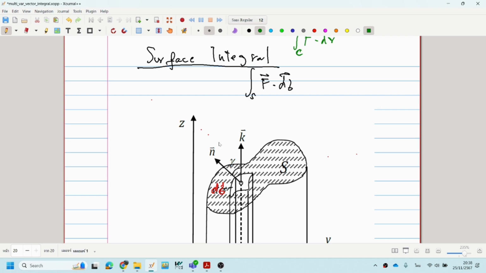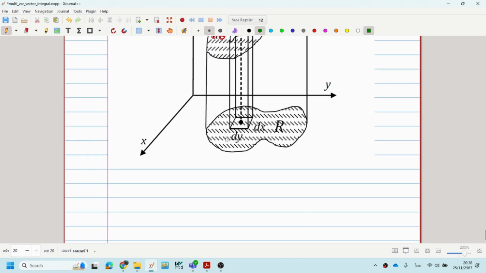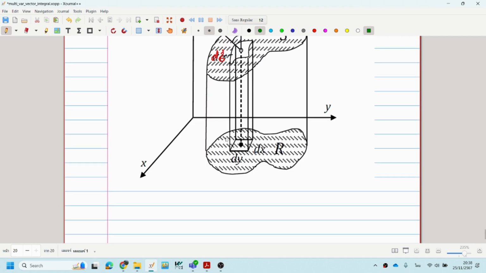I have three standard planes: the XY plane, the YZ plane, and the XZ plane. I teach you just one plane. I focus on the XY plane.